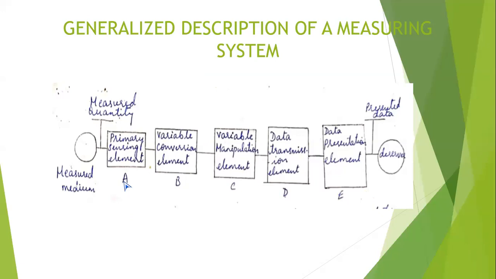No need to reproduce the same explanation you have in my notes and in the textbook. Go through the explanation of the generalized description of a measuring system and write it down in your own sentences.